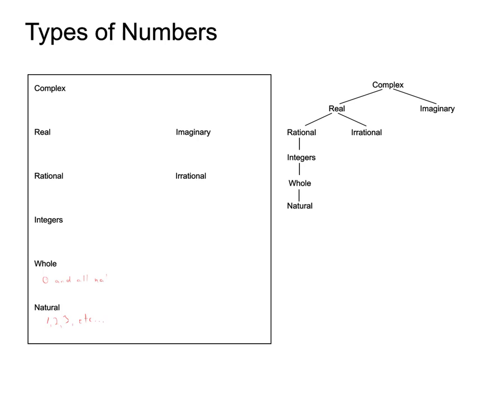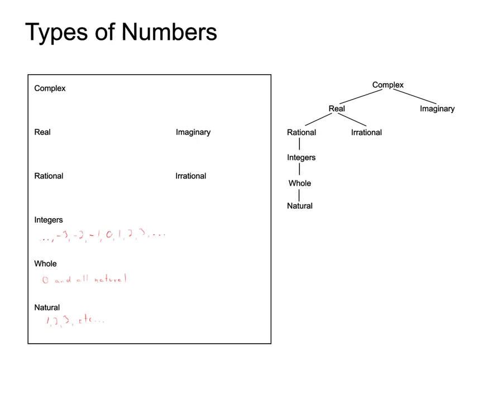Some definitions include 0 in the natural numbers, most however do not, so we're going to categorize them this way. The integers include all the whole numbers and all of the negatives of the natural numbers. So we'll just put on here, dot, dot, dot, -3, -2, -1, 0, 1, 2, 3, dot, dot, dot. Okay, so that's the integers.